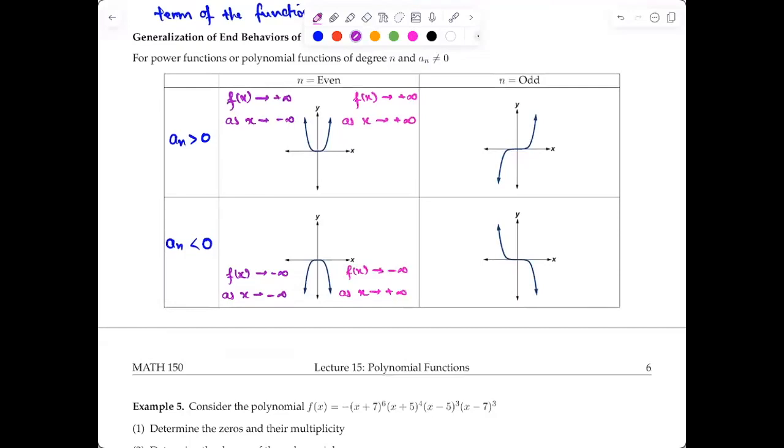For the odd degree functions, you have f of x goes to negative infinity as x goes to negative infinity, and f of x goes to positive infinity as x goes to positive infinity.